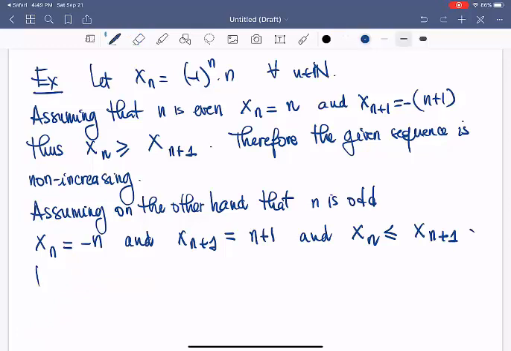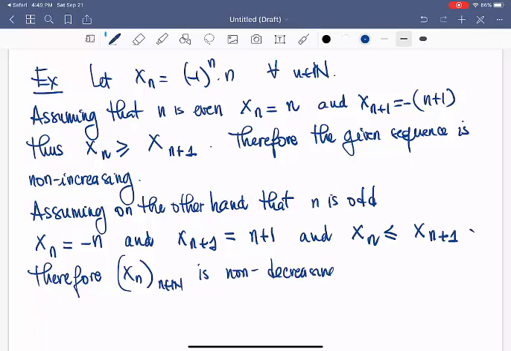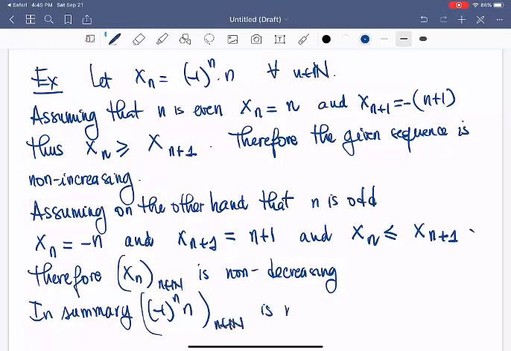Therefore, xn is non-decreasing. So the sequence is non-increasing, and is also non-decreasing. In summary, negative 1 power n times n is not monotonic.